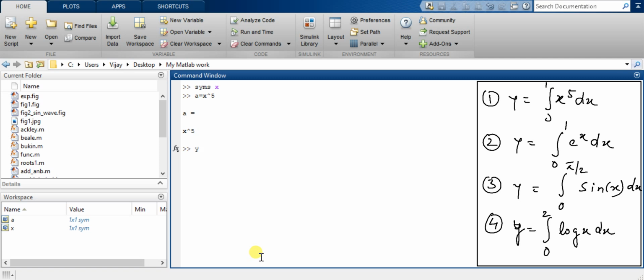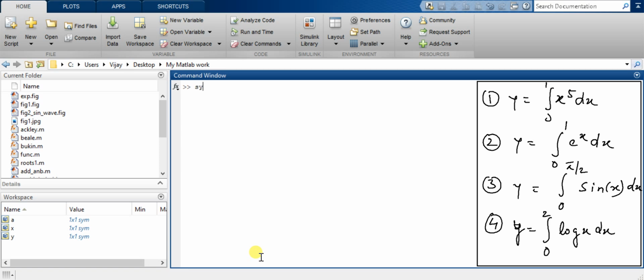Now y equal to int, we pass first a, that is the expression for which we have to evaluate the integration, and then the variable with respect to which we have to take the integration, that is x. Now the lower limit is 0 and the upper limit is 1. When you execute this command, this will give you the result, that is 1 by 6. Now try to solve the second example.